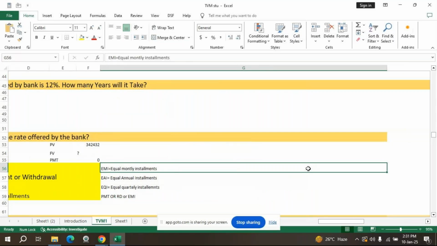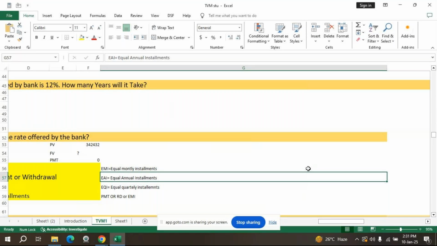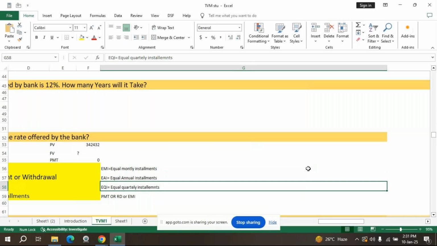If you are paying or receiving annually, it is called equal annual installments, that is EAI. Now EQI means equal quarterly installments. That means 3 months once we receive or pay.